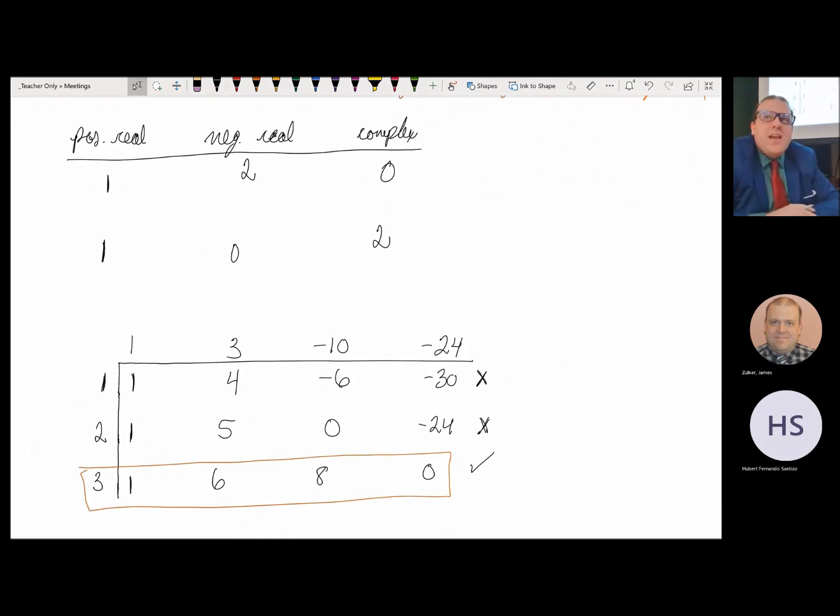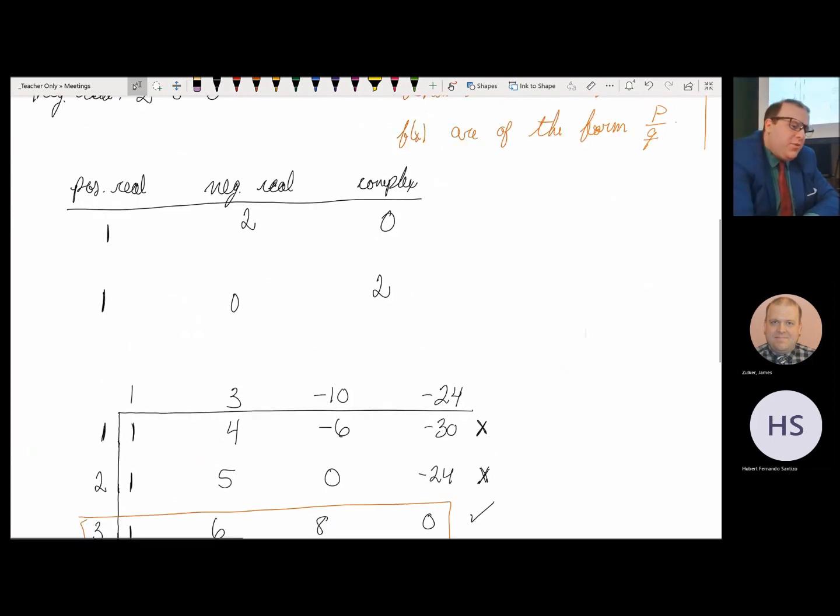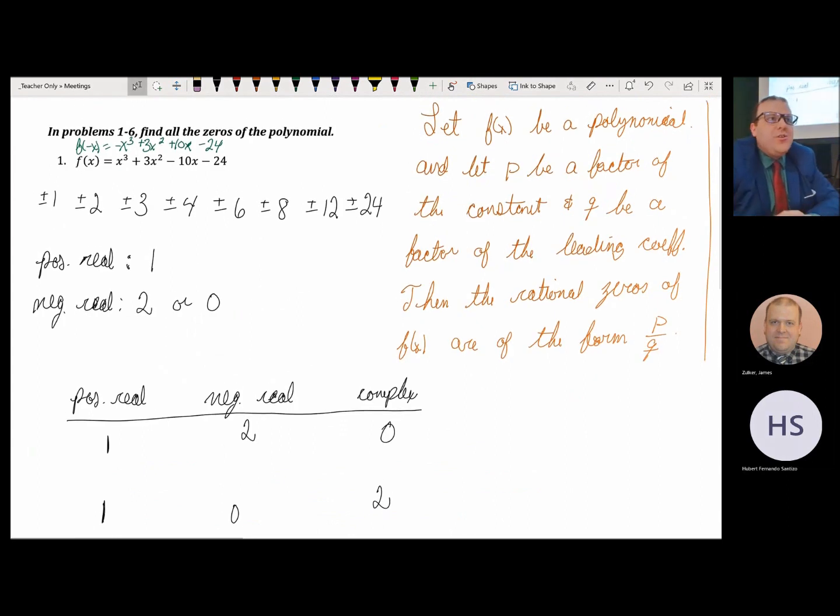Does it satisfy one of the combinations we already had listed? It does, 1 positive, 2 negative. Excellent. -4 and -2, were they in our list of rational zeros? They were. So we're good.